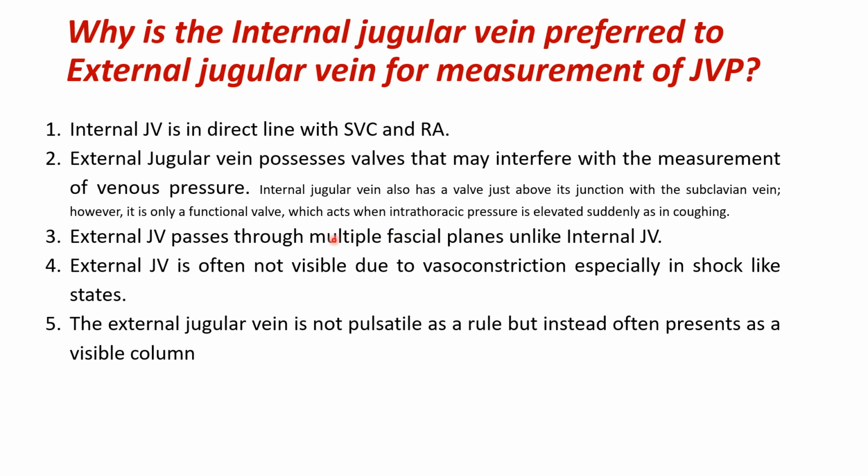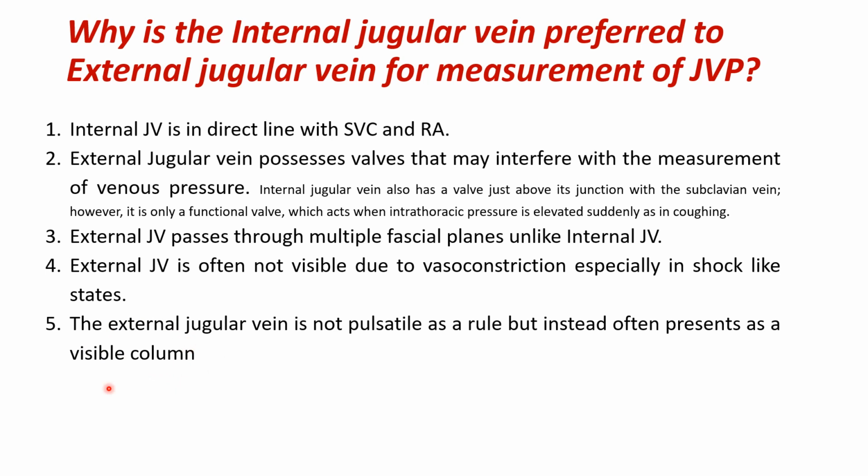so this can affect the pressure. Also, the external jugular vein, if someone is in shock or severe hemorrhage, or blood pressure is very low, can sometimes be constricted, and maybe we cannot see its movement. And finally, it is not pulsatile in general.